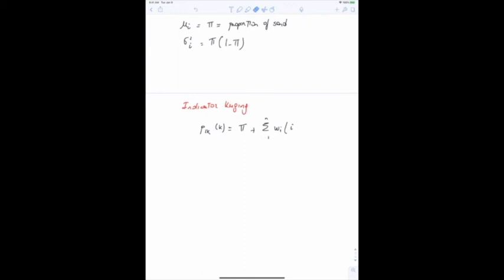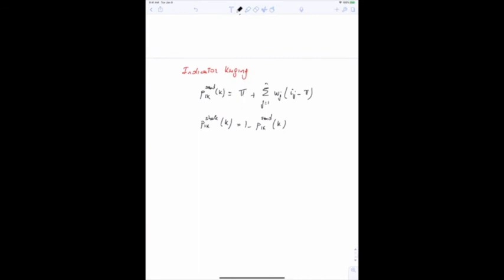Let's call it j, otherwise the notation is silly. This would be for the sand. The one for the shale would be 1 minus the probability of the sand. And this one here is exactly the conditional probability that we need.